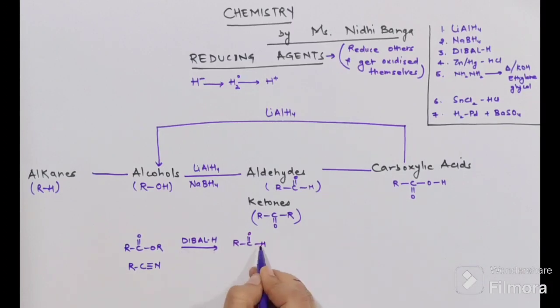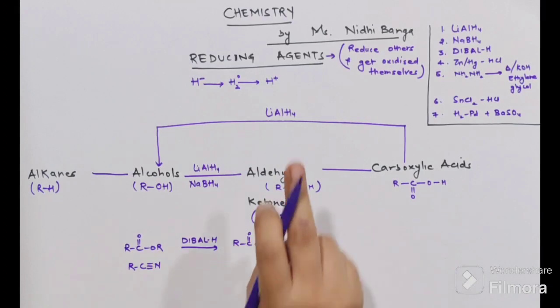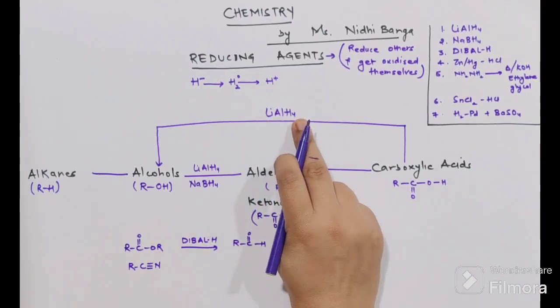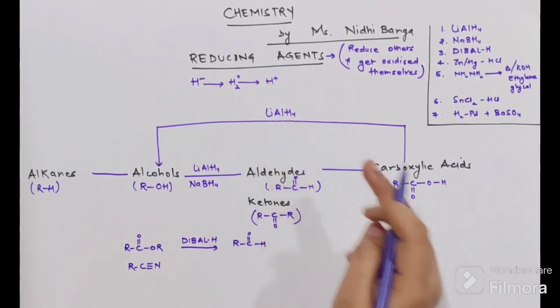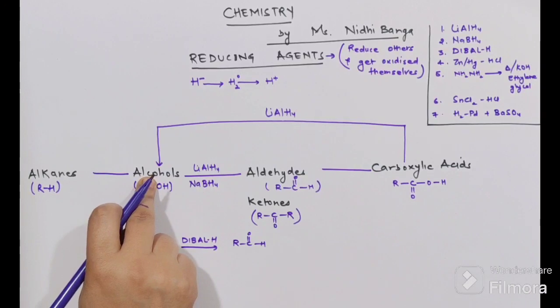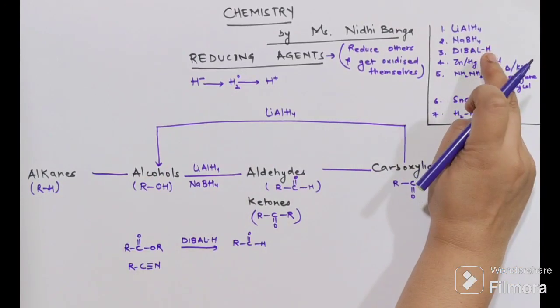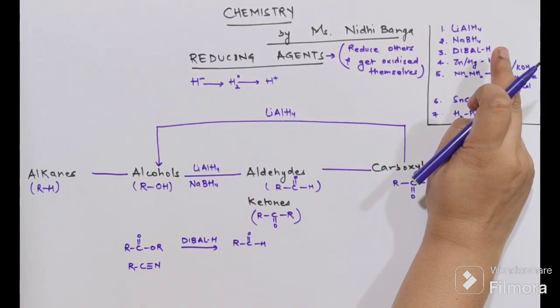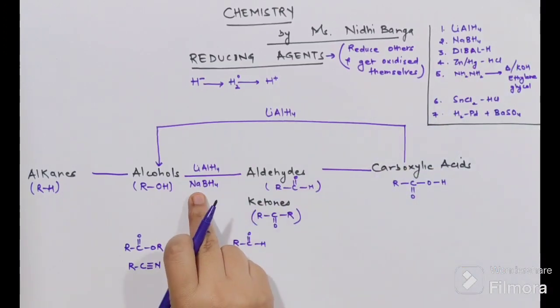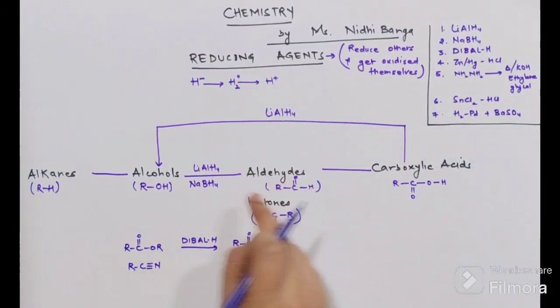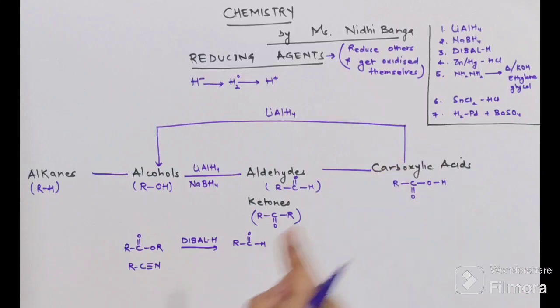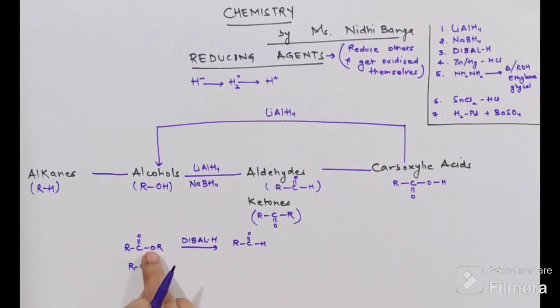Till aldehyde only. It will not reduce it further to alcohol. That can be done only by lithium aluminum hydride. Only lithium aluminum hydride is able to carry out two-step reduction. Sodium borohydride and DiBAL-H will carry out one-step reduction. Sodium borohydride will convert aldehyde or ketone to alcohols. DiBAL-H will convert ester or cyanides to aldehyde.